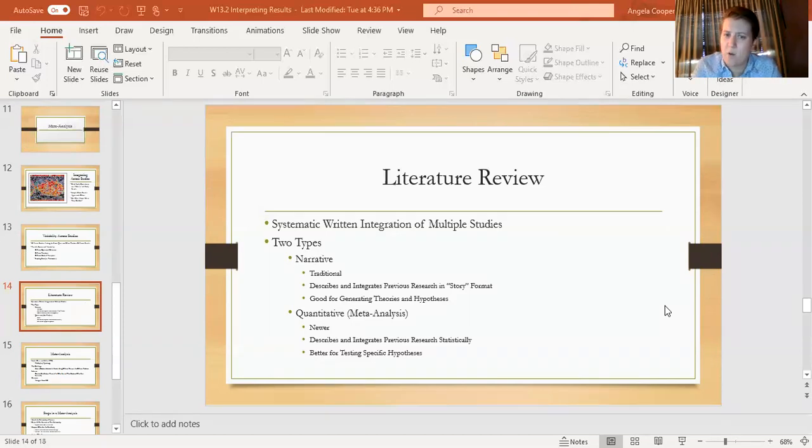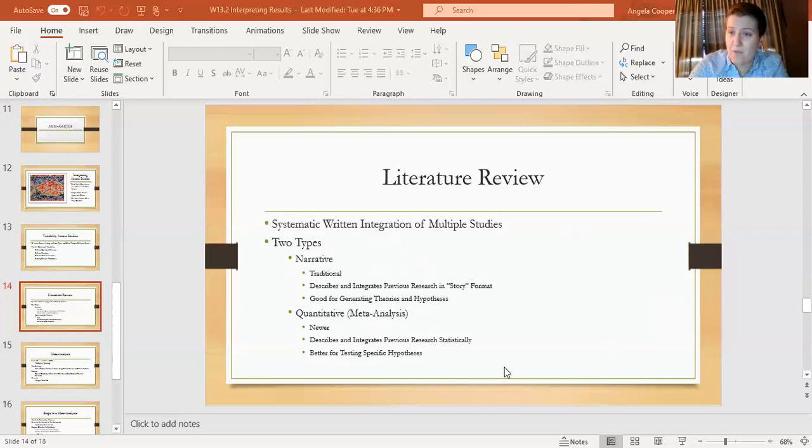Now, quantitative literature reviews, or a meta-analysis, is describing and integrating research statistically. So it's not looking into, oh, this one study did such and such a thing. Now it is taking a step back and analyzing all of the research in that field.